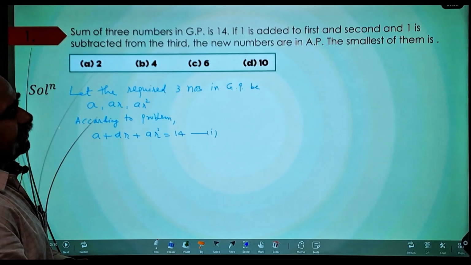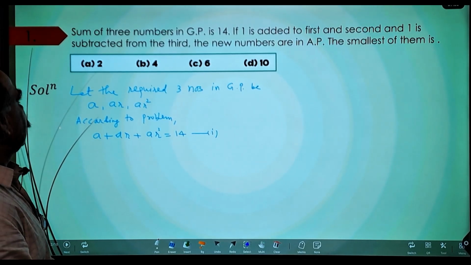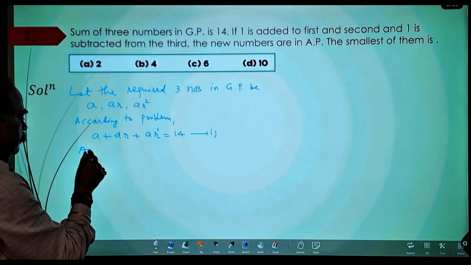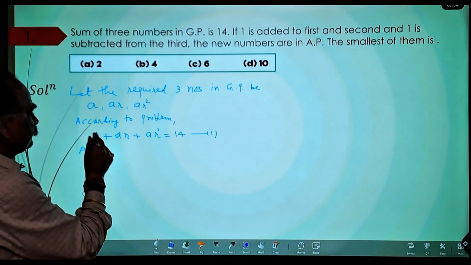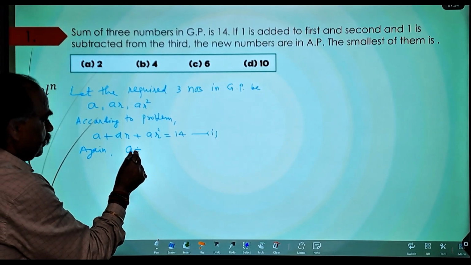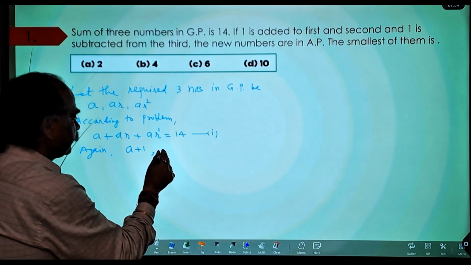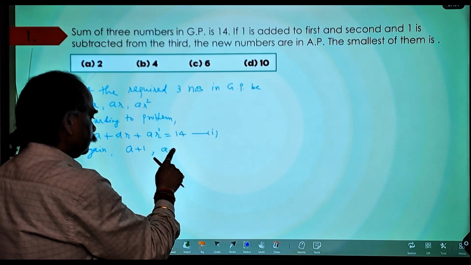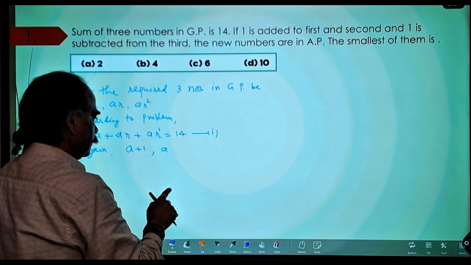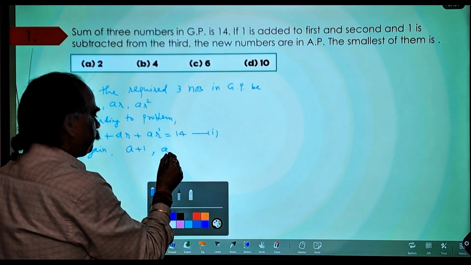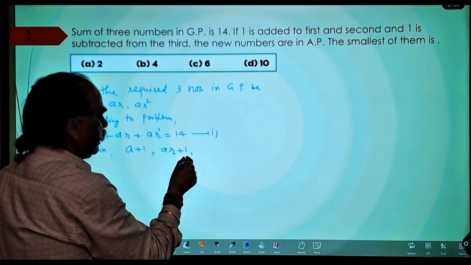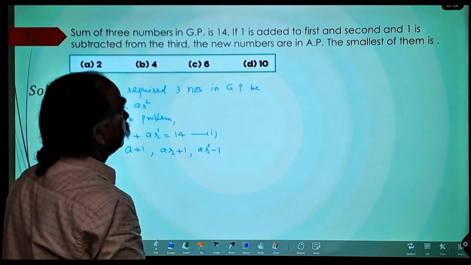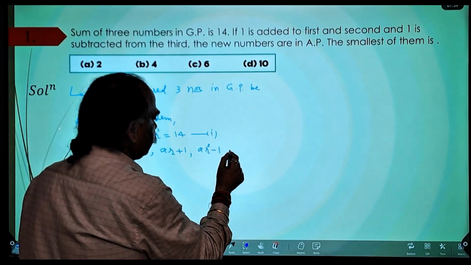If one is added to the first and second and one is subtracted from the third: A plus 1, AR plus 1, AR square minus 1 are in AP.